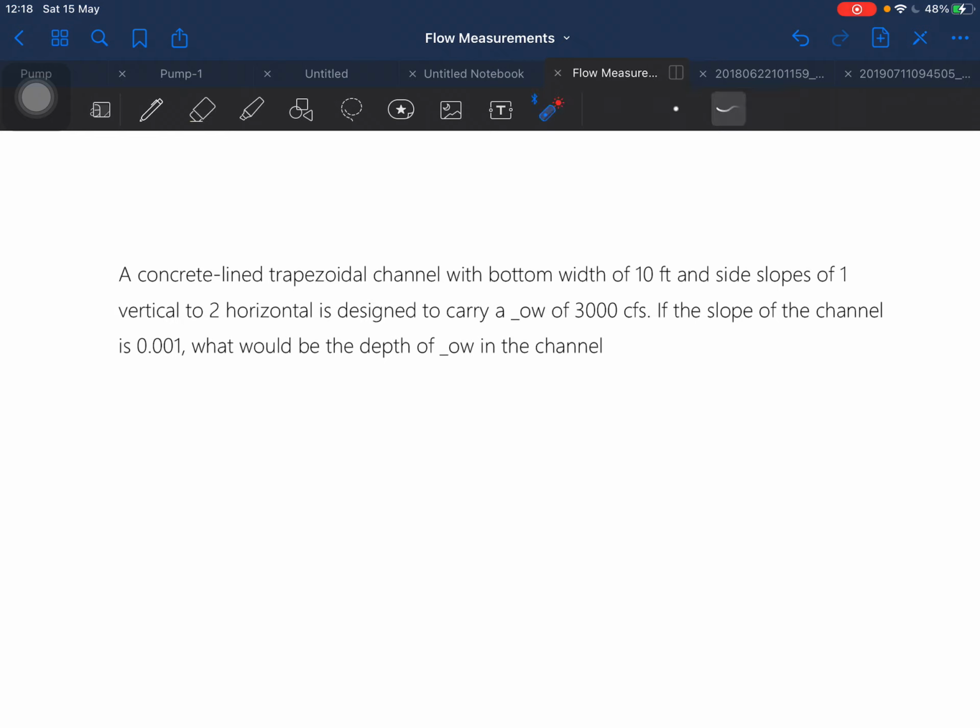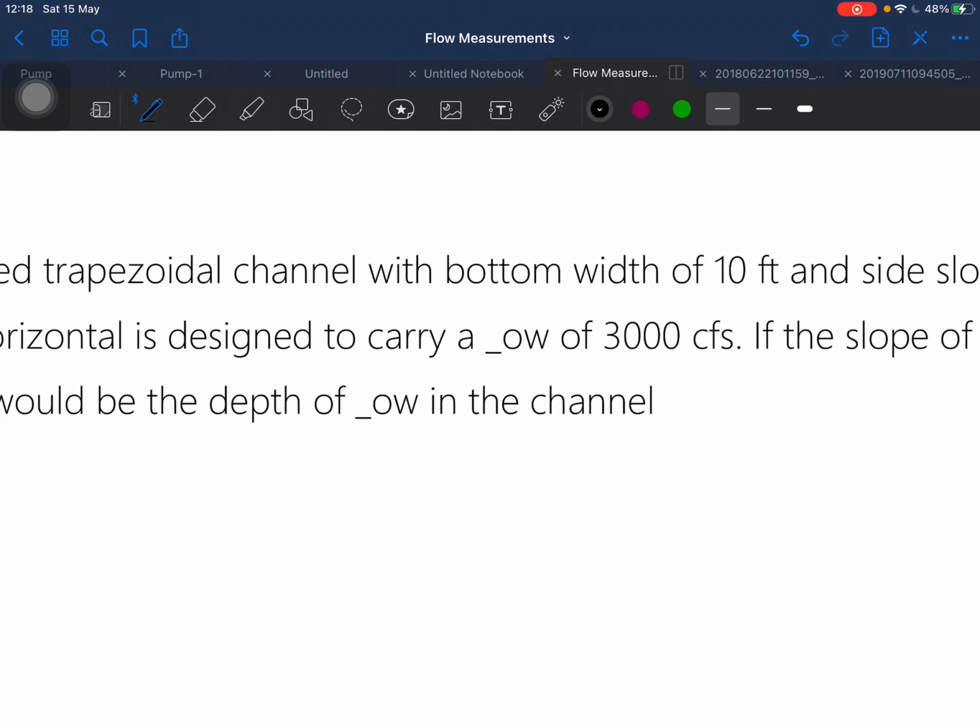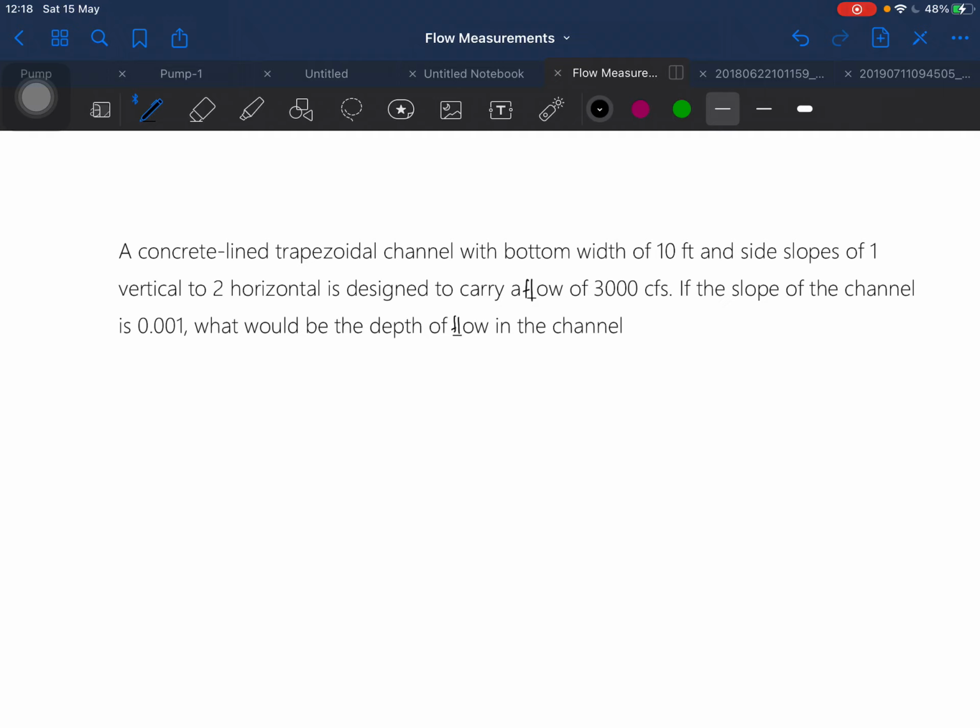The concrete lined trapezoidal channel has a bottom width of 10 feet, so it would look like this, and this is 10 feet, and the side slope is one vertical to 2 horizontal. It is designed to carry, okay, sorry, this is my mistake, this is a fill in the blank exercise, a flow of 3,000 cubic feet per second.